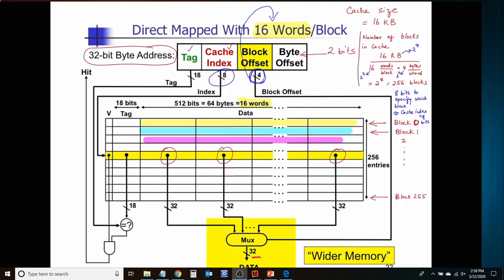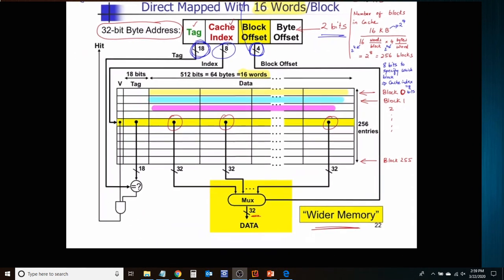I would need 4 bits to select from 16 options. This is 2 bits as usual. So now if you wanted to find how many bits should go in the tag field, that should simply be tag should equal 32 in total minus 8 from the cache index, 4 for block offset, and 2 for byte offset. It should give you 18 bits. So that's how we get to the number of bits in the tag.